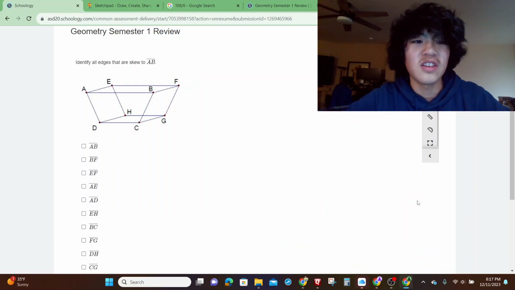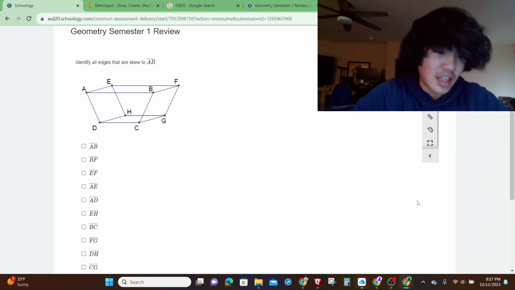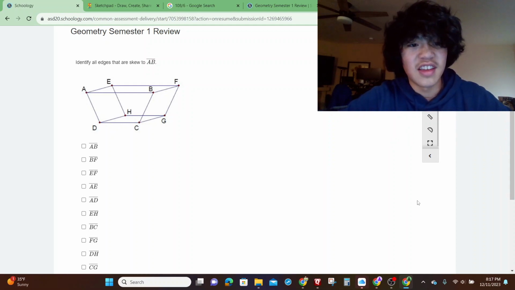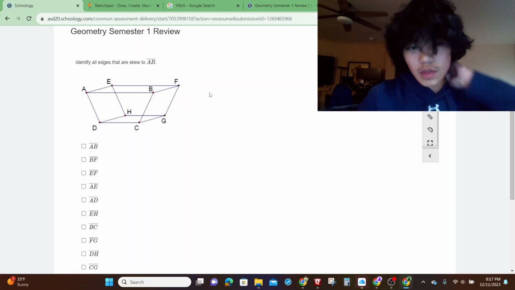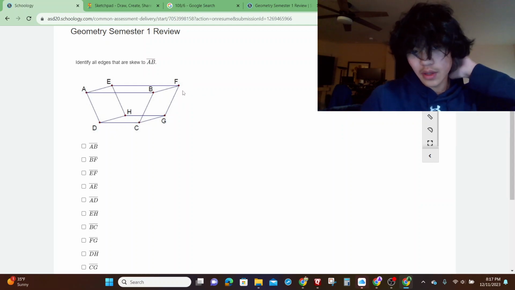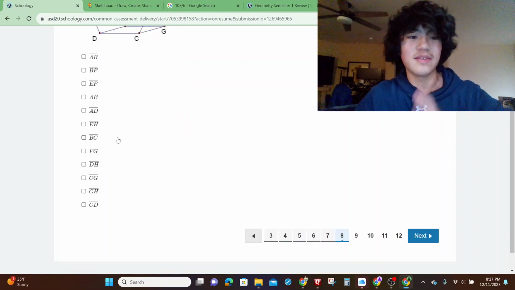Alright, moving on, we have to identify all the edges that are skew to AB. So to be skew, they cannot touch and they cannot be parallel. So that already rules out AB, AD, BC, and EF. And I believe HG is also ruled out. So what are we left with? FG, right?